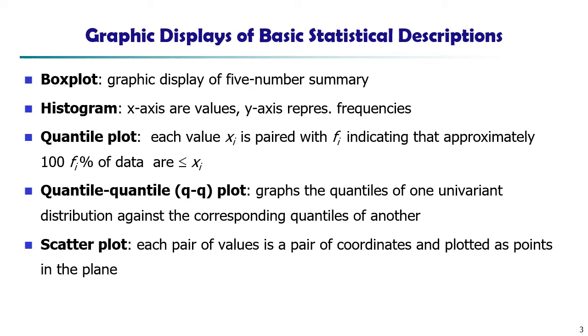Then the quantile-quantile plot, which graphs the quantiles of one univariate distribution against the corresponding quantiles of another. And then the scatter plot, where each pair of values is a pair of coordinates and plotted as points in the plane. We'll talk about each and every plot in the coming slides.